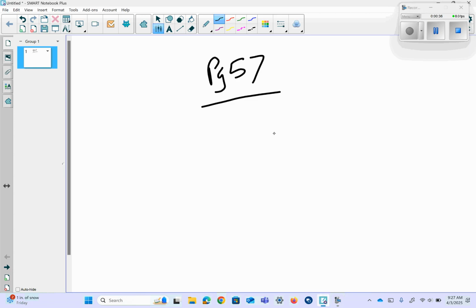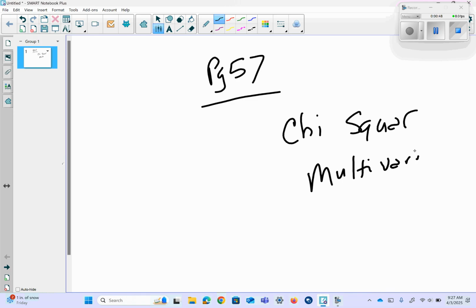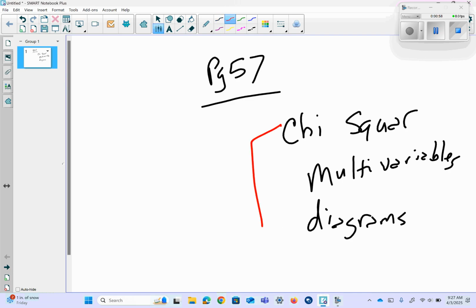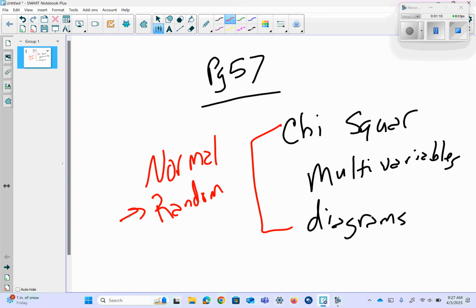So when we're using the chi-squared for multivariables, which is basically the diagrams that we've been using up on the board, in order for normalcy to take place, the big one is you're looking for, do we have random?